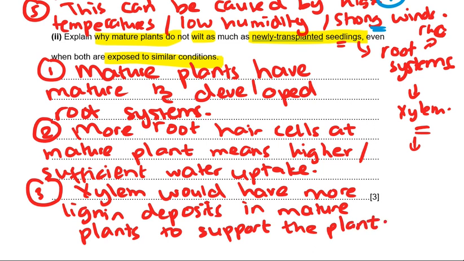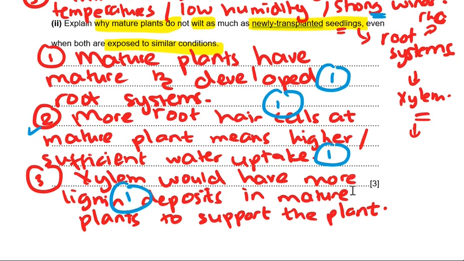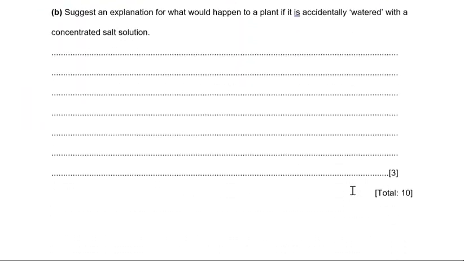Right, so mature plants having a developed root system is 1 point, saying that they have more root hair cells and sufficient water uptake is also another point. So you can get 2 points in this second point here. Xylem would have lignin, that is 1 point. So that is what you can say to get a full 3 marks in this part of the question.